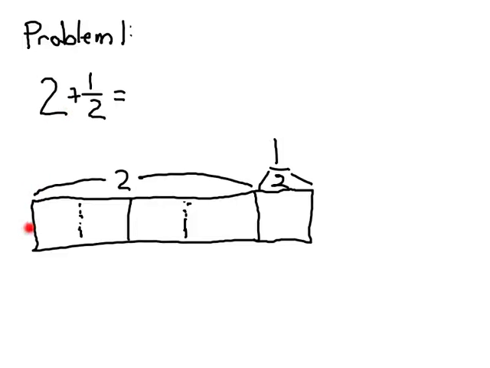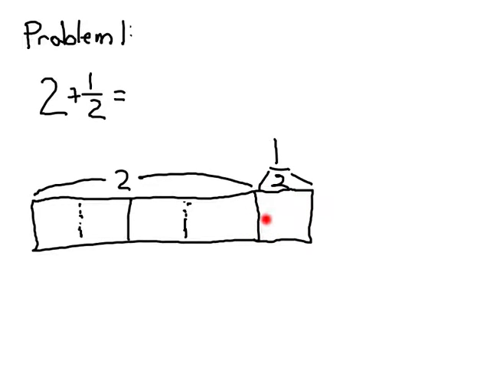So let's look at my tape diagram which I drew out here. We have 2, so this is 1, and this is 2. And what I did was I divided it in halves just to show you the amount of halves we have. And then here's the other half that our friend gave us.